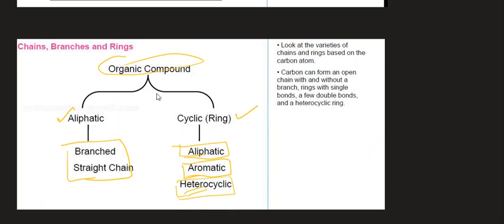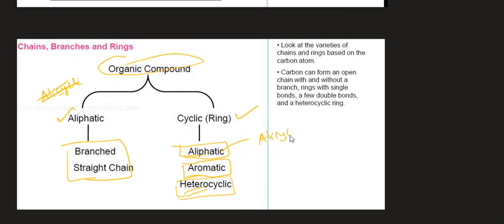So how are the organic compounds classified? Basically, they can be classified as aliphatic hydrocarbons, then cyclic structures. Aliphatic here is the branched one and the straight chain one. And here, if it is cyclic, this is called alicyclic. Alicyclic means aliphatic and cyclic.